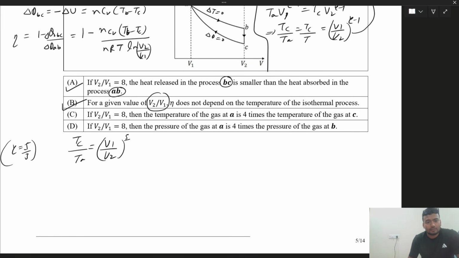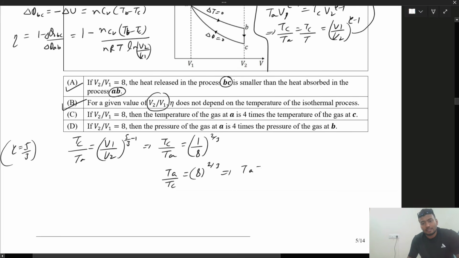So it is gamma minus 1, 5 by 3 minus 1. So TC by TA is 1 by 8 to the power 2 by 3. So TA by TC will be 8 to the power 2 by 3, that is like 4 times. So basically TA is 4 times of TC, and that is correct. Option number C is also correct.